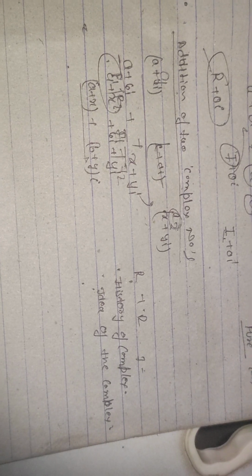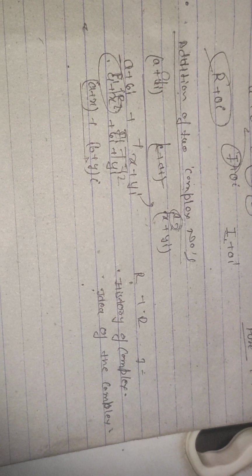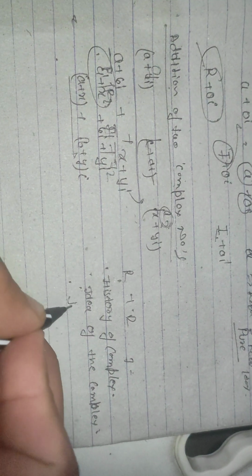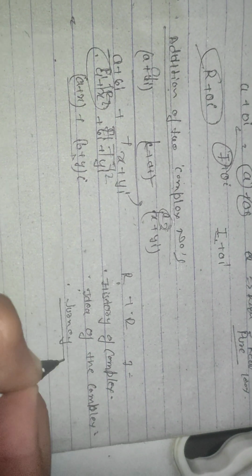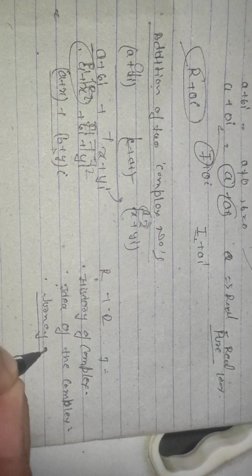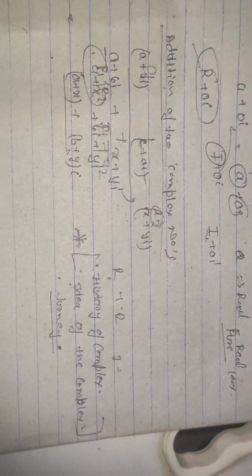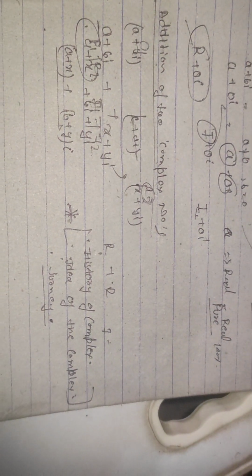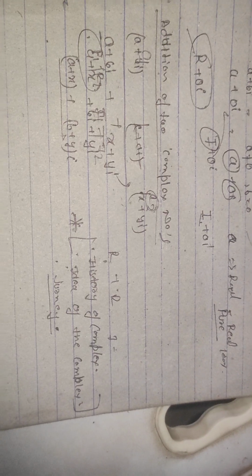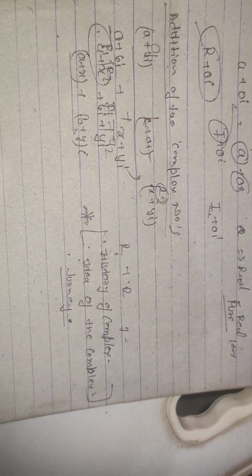What is this thought? And then the journey of this. What is the journey to make a complex number? This is not as important, but this is more important. This is also more important: how the idea has come.